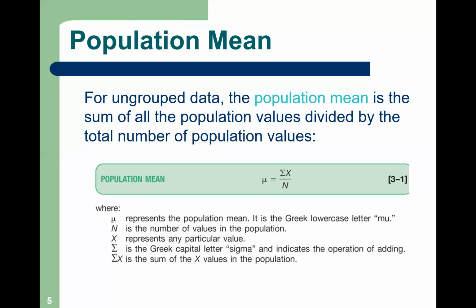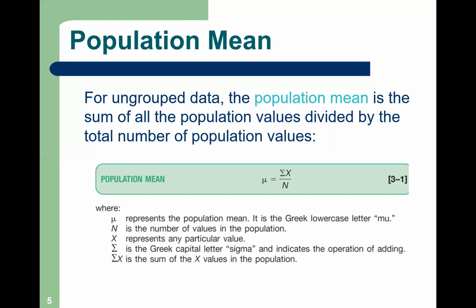The formula is: we sum up all the values, represented by x, and we divide by n. N represents the size or number of values in a data set. This mu, a Greek letter, represents the mean of the population.